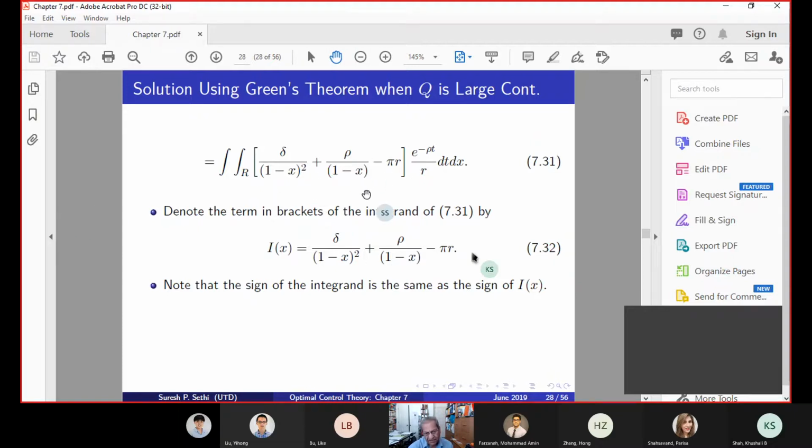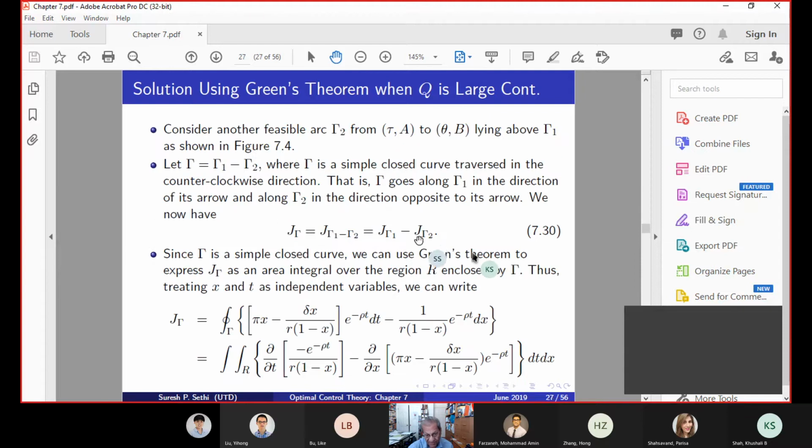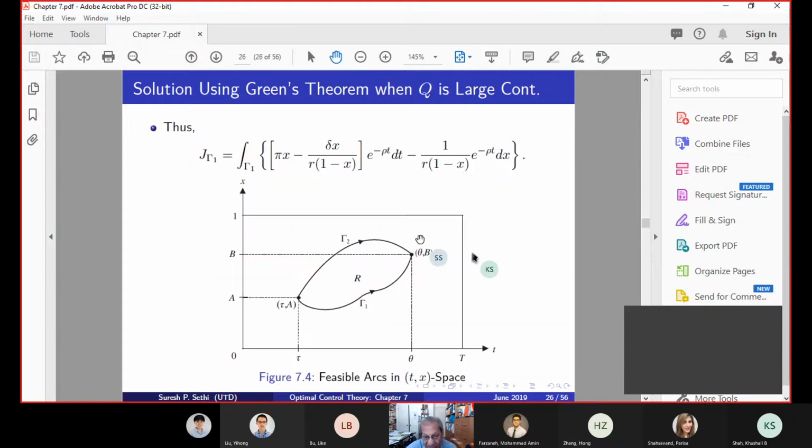Suppose all the terms inside that area integral are positive, then that area integral is positive. Suppose all the terms are negative, then that area integral is negative. Suppose I can find all of them are positive, then what happens? It says J gamma 1 minus J gamma 2 is positive. That says that the profit at J gamma 1 is better than J gamma 2. That's a comparison.